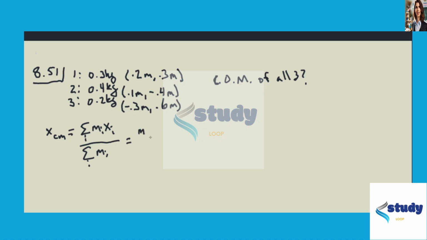So in this case, for our x-coordinate, we only have three things: 1, 2, and 3.